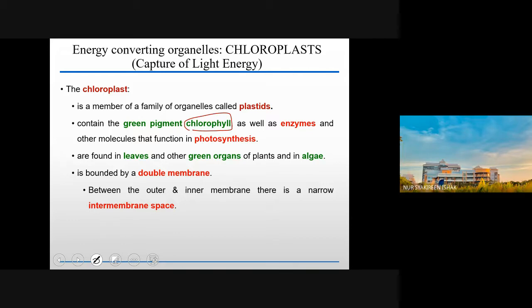So chlorophyll as well as enzymes and other molecules function in photosynthesis. Again, photosynthesis involves a series of complex chemical reactions that convert light energy, carbon dioxide, and also water to produce glucose.